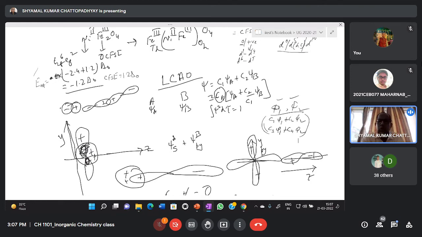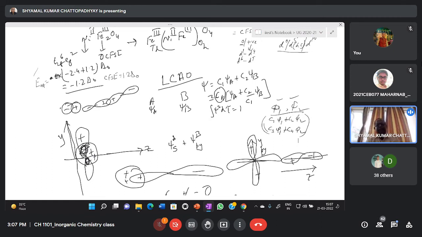Then we also know that in order to have combinations of atomic orbitals which are acceptable solutions, we must have the orbitals matching in symmetry. That means two orbitals which are being combined must have proper symmetry. Suppose we have two atoms A and B coming together. You have to combine the pz orbital with the pz orbital of A and B, the px orbital with the px orbital of A and B, and so on.